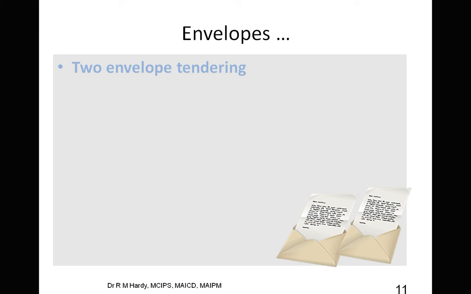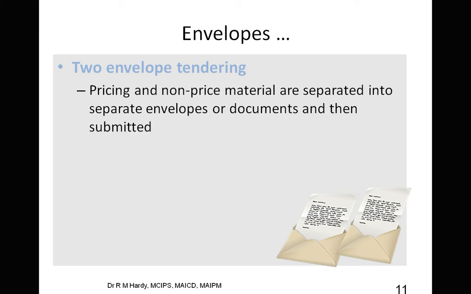evaluate. Now, in two envelope tendering, what happens is that the price and the non-price materials are separated out and put in two different envelopes. So the assessment team then assesses the non-price material: who's going to be working on it, what the experience is, what insurances they have in place, what they've got on, how they deal with problems, how they deal with clients, what systems they have in place.